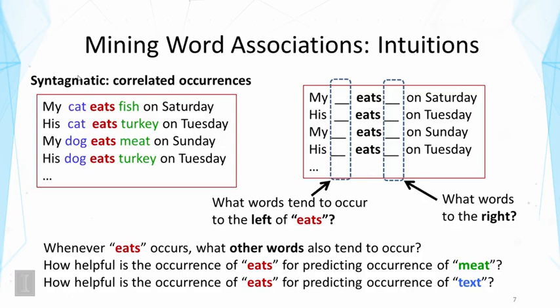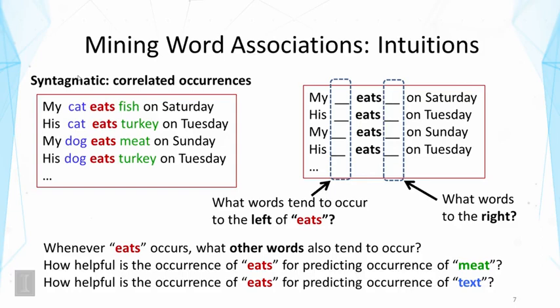So this intuition can help us discover syntagmatic relations. Now again, consider an example. How helpful is the occurrence of eats for predicting occurrence of meat? Knowing whether eats occurs in a sentence would generally help us predict whether meat also occurs. Indeed, if we see eats occurring in the sentence, that should increase the chance that meat would also occur.